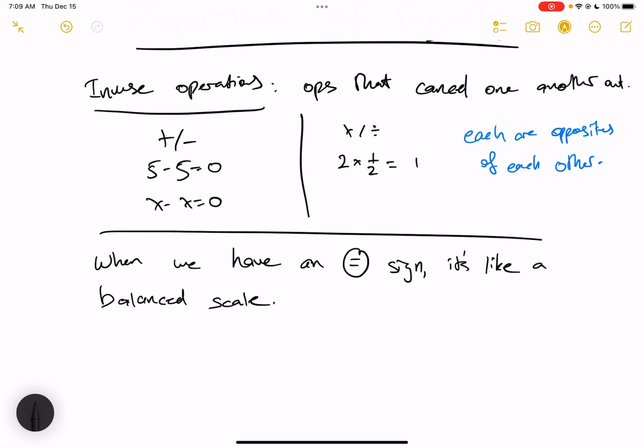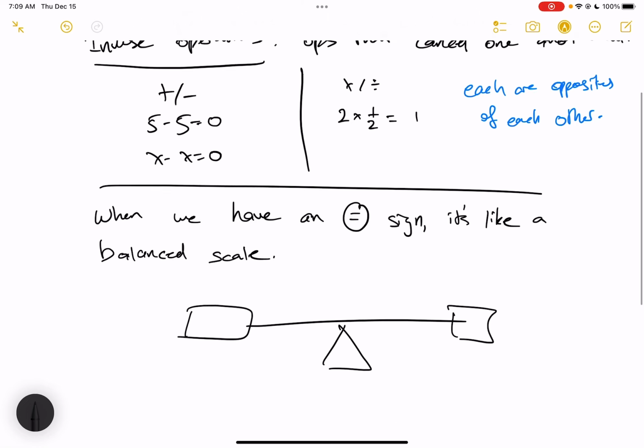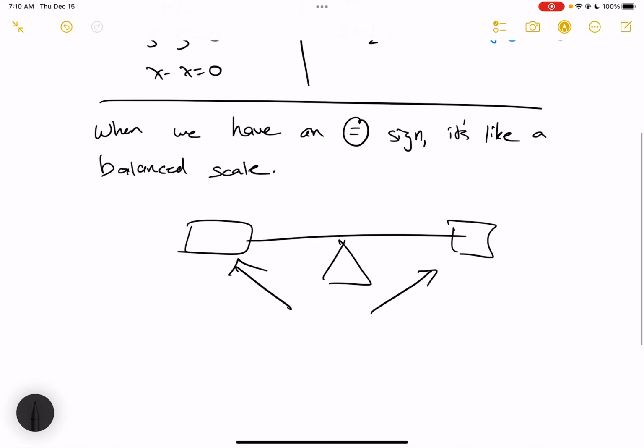So what that means is, if you're thinking of it like a scale with two things on it, the fulcrum right here, there's the same amount of stuff on both sides. So I'm going to mark right here, same stuff. And that's what keeps everything so balanced in the world. The only reason we're not falling apart is because one side has the same amount as the other side. Kind of like a yin-yang relationship.